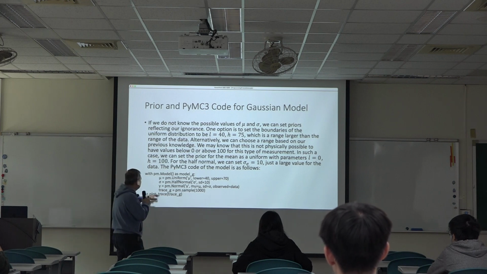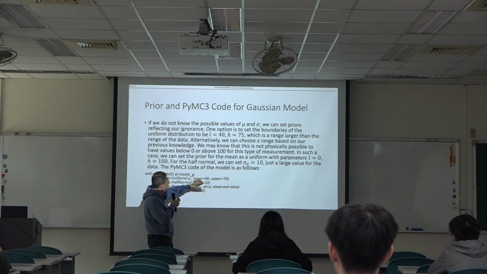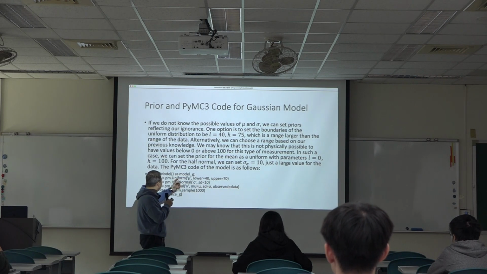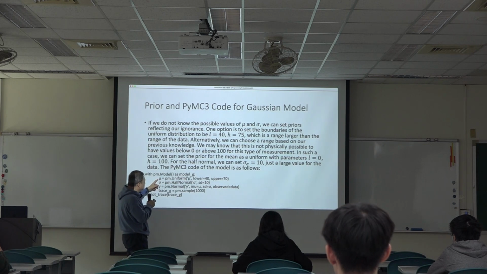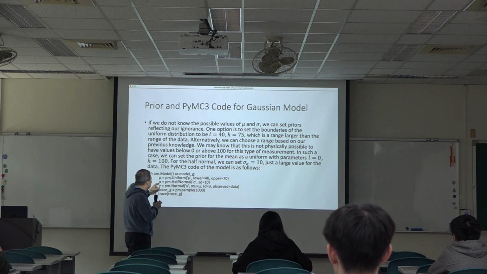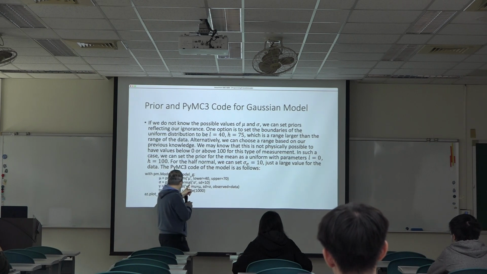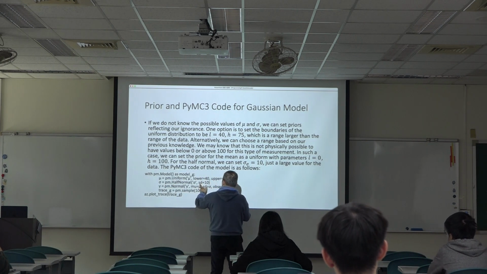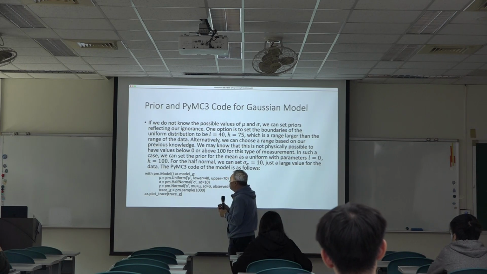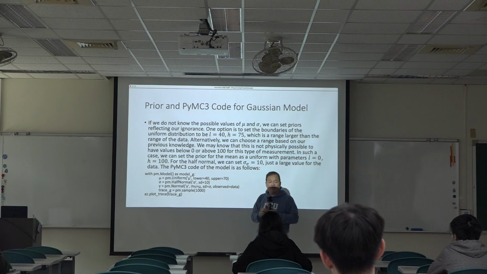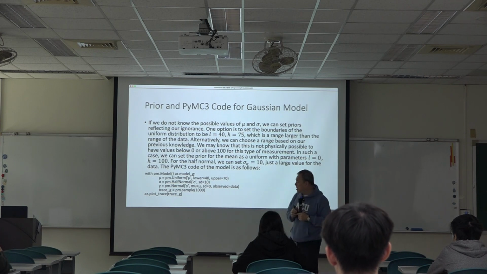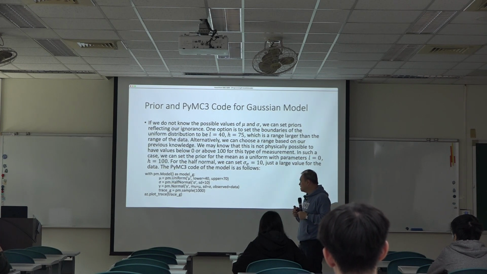So you can see we set lower equal to 40, upper equal to 70. This is PM.Uniform, and we get this mu from here. The sigma is drawn from this half normal with standard deviation 10. Why do we use 10 here? It is based on the author's research background.